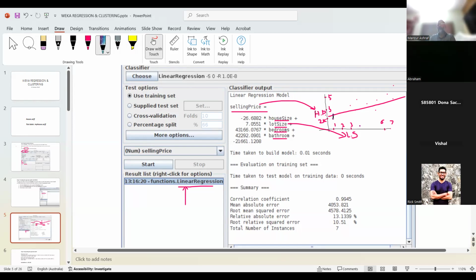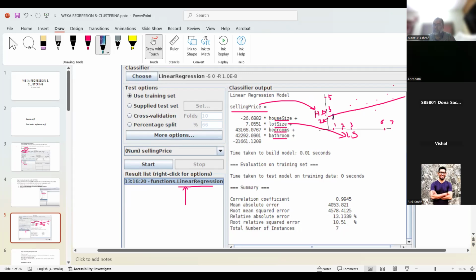So try to understand here that this point is the predicted point, but this point is the actual point. We expect that our algorithm should identify this point, but our program actually identified this point.